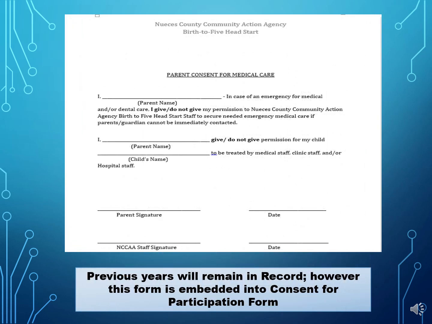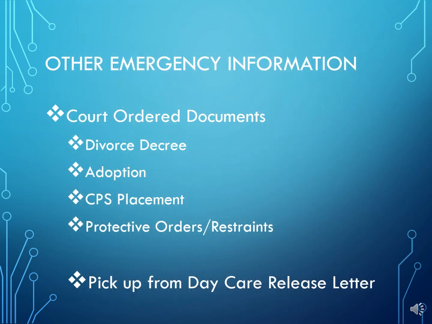This is what the parent consent for medical care form looked like in previous years. Remember, the previous years will remain in the record. However, this form is now embedded into the consent for participation. Then there are other emergency information forms or documents that you may see in the child's record if it applies to that child.